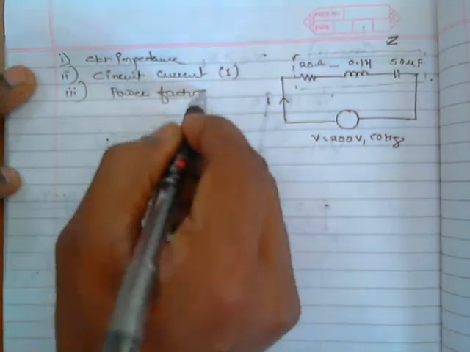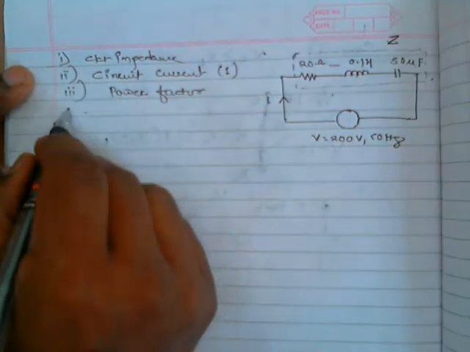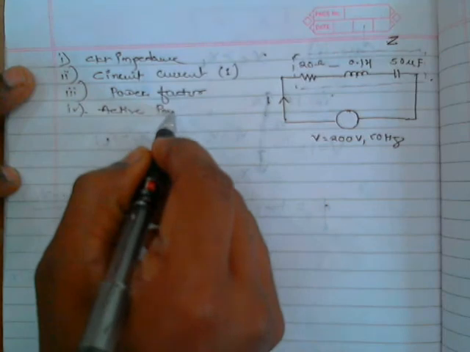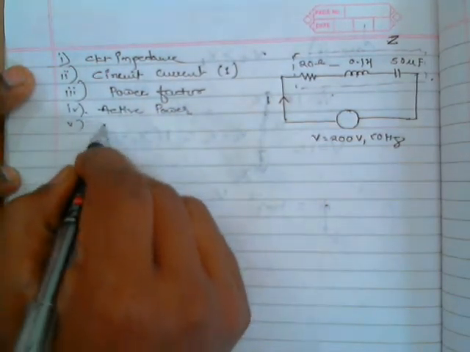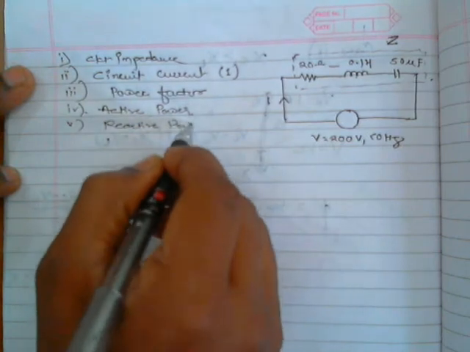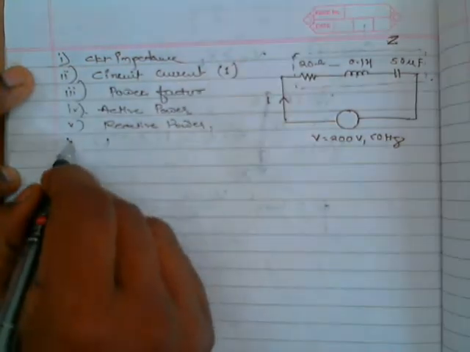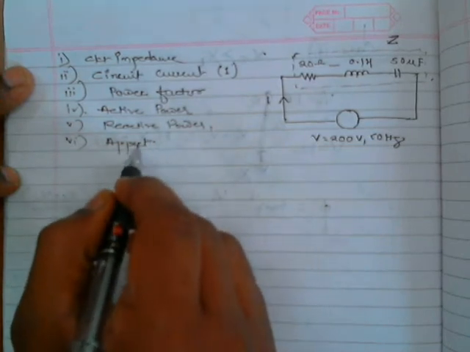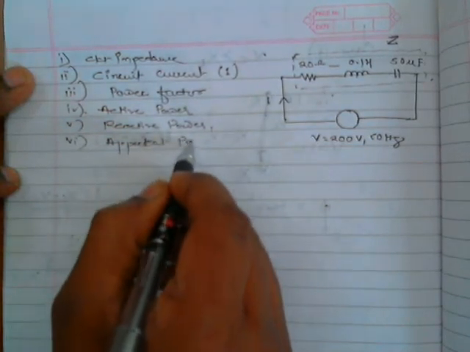Yesterday we saw several formulas for power factor. Then active power, then reactive power and apparent power, if you remember the power triangle.